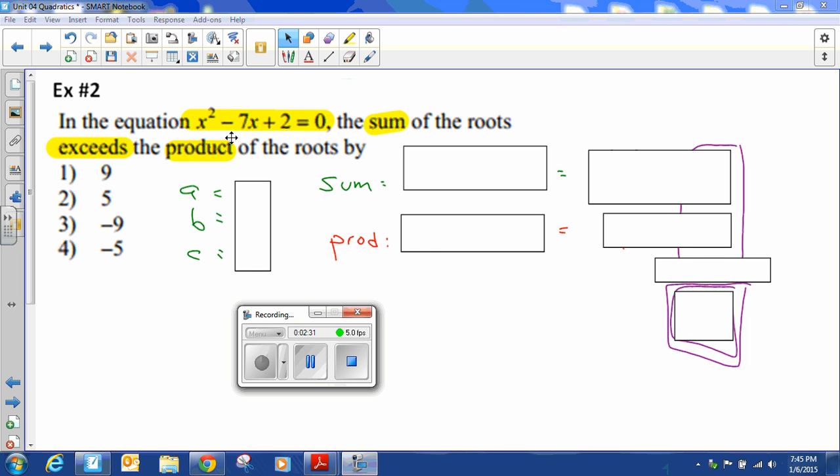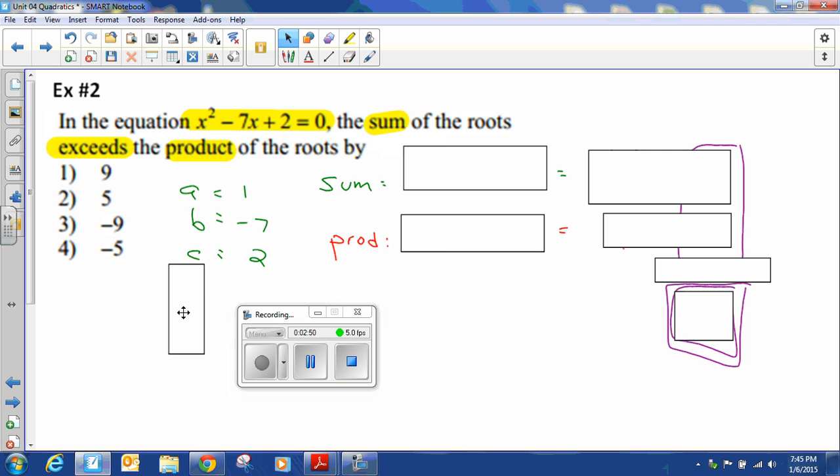In the equation x squared minus 7x plus 2 equals 0, the sum of the roots exceeds the product of the roots by, and these are your choices. So basically we need to find the sum and the product and subtract them to find how much the sum exceeds the product by. So a, b, and c are the coefficients.